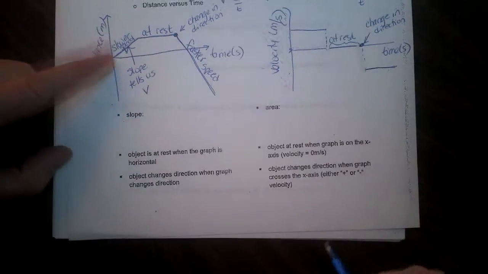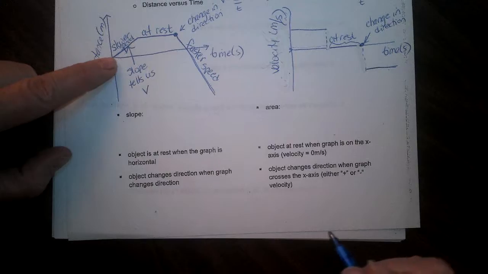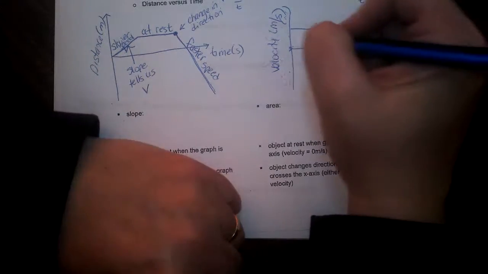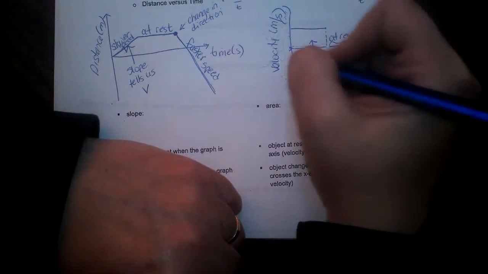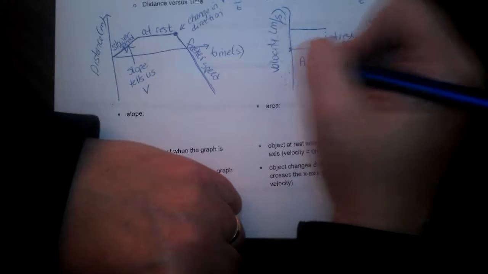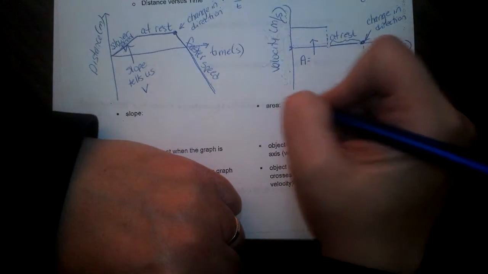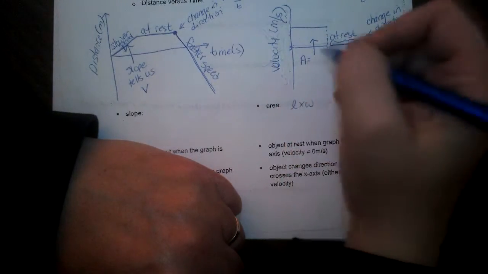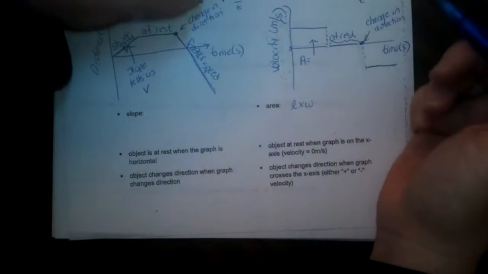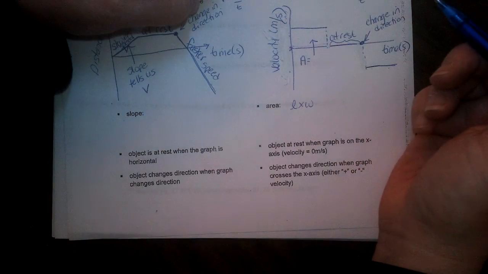If I was to look at, so here if I looked at slope, on this graph, the slope tells us speed. In here, what is the area going to tell us? If I look at area being length times width, what's my length? Pick an axis.